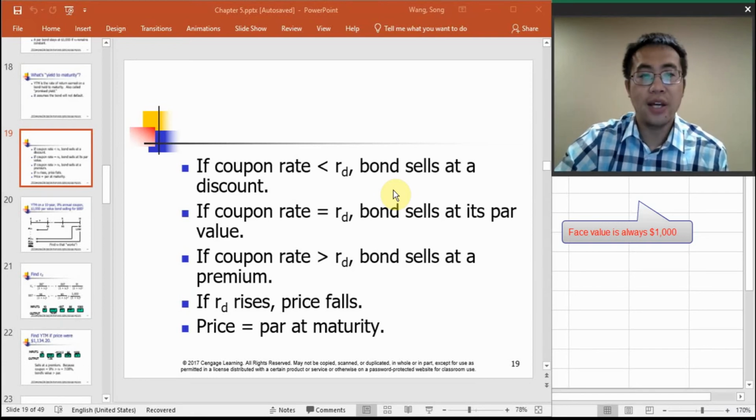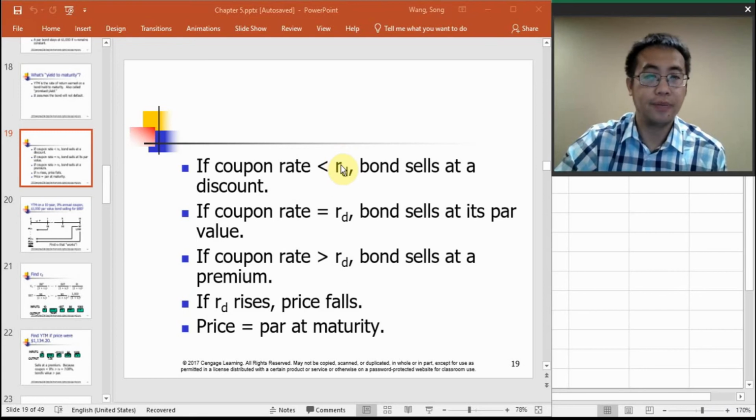If the bond's price is less than $1,000, we call it a discount bond. The only thing that determines this is that the coupon rate is less than the discount rate, which is the yield to maturity or the return of the bond.